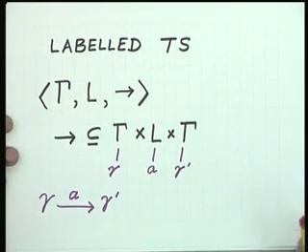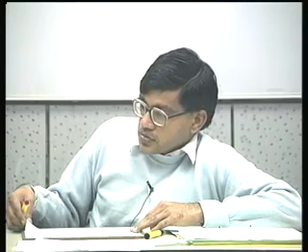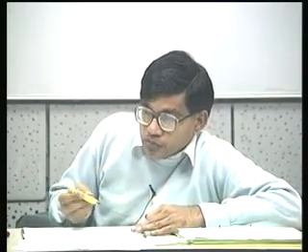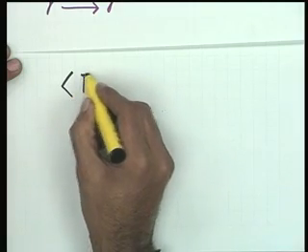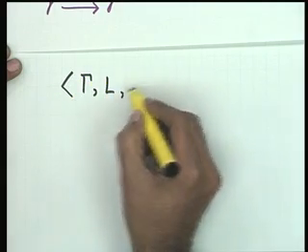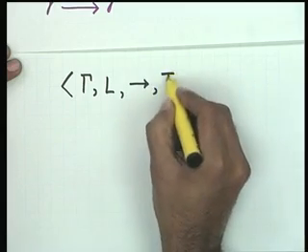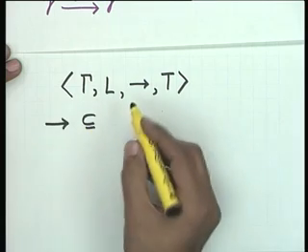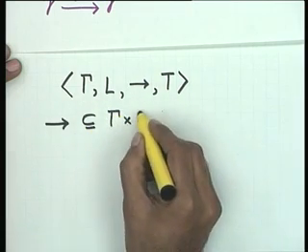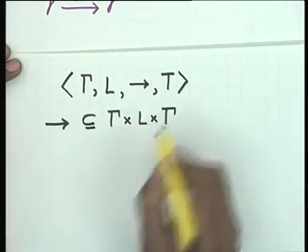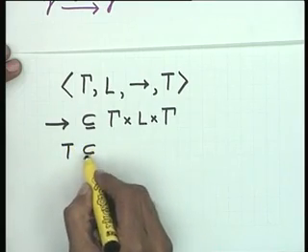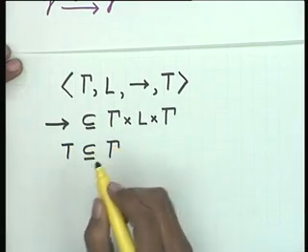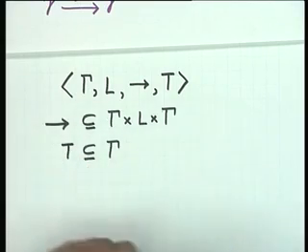Correspondingly, you could also define terminal labeled transition systems. So a terminal labeled transition system would just be a 4-tuple of this form, where this is a ternary relation and T is a specified subset of gamma, a set of halting or terminal states.